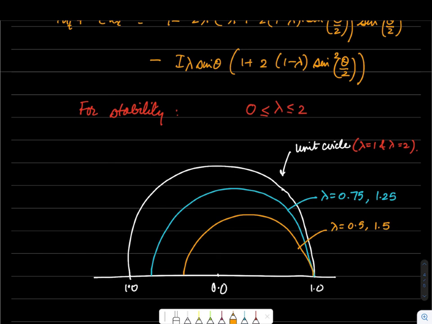And if you go to yet another value, we will see a curve of this type, which is for λ 0.25 and 1.75.